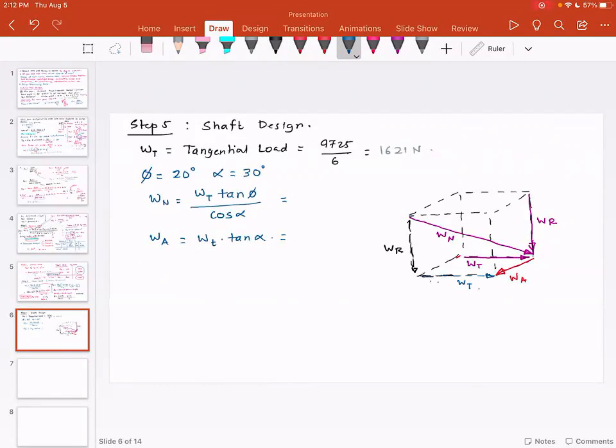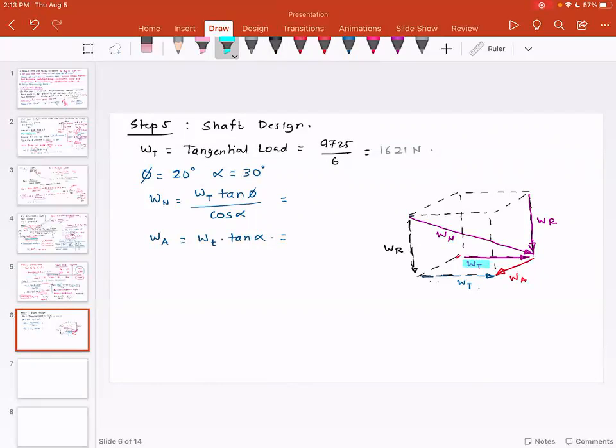And the known is this. So once I know Wt, I'm going to multiply Wt by tan phi, and that gets me the component. And once I divide that component by cosine alpha, I get the answer.